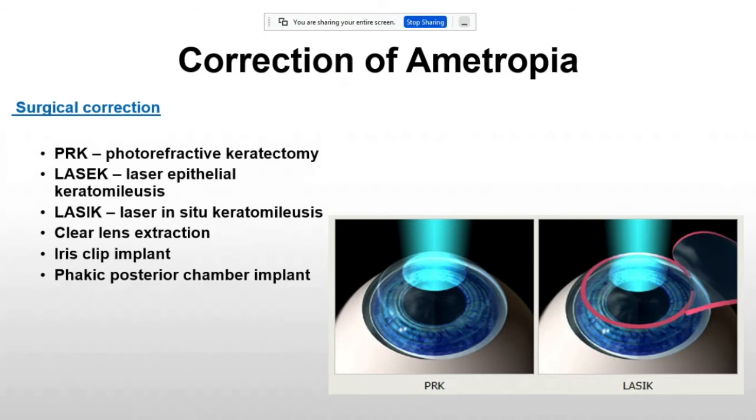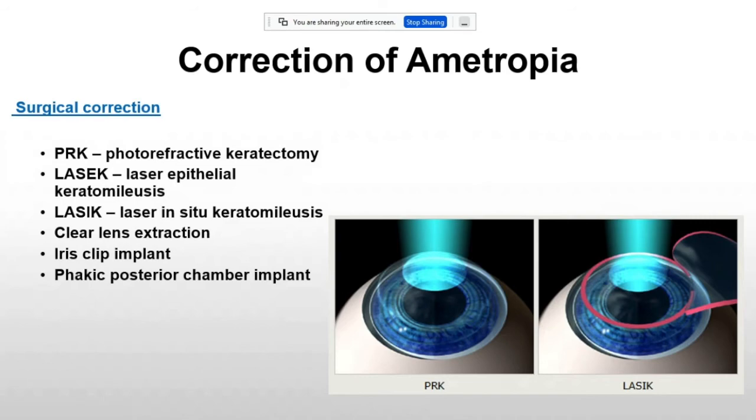If you have excessive myopia of -10, you can correct it by just removing the lens. In a phakic eye, when you remove the lens, the correction is +10 diopters in glasses, so for -10 you can remove a clear lens without cataract, for refraction purposes. Or do an iris clip implant in front of a clear lens. You put in an implant for correction, so it's surgical correction of ametropia.